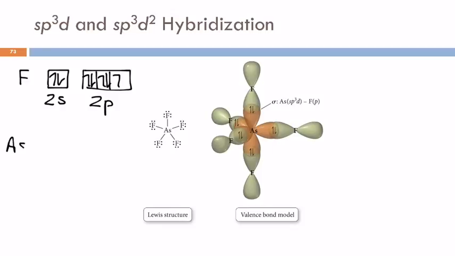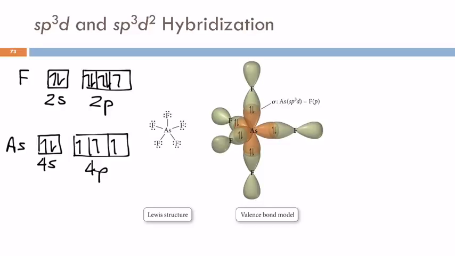For arsenic, it is in period 4, and so its valence electrons are 4s2, 4p3. So 4s and 4p: 1, 2, 3, 4, 5. Looking at the atomic orbitals, we would predict that arsenic is going to make 3 bonds. But here it's making 5.